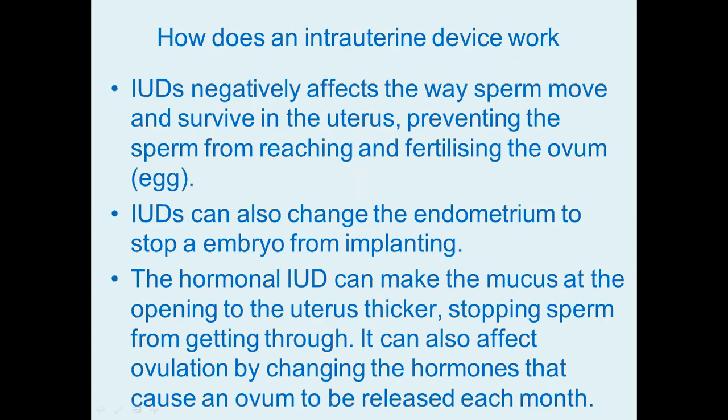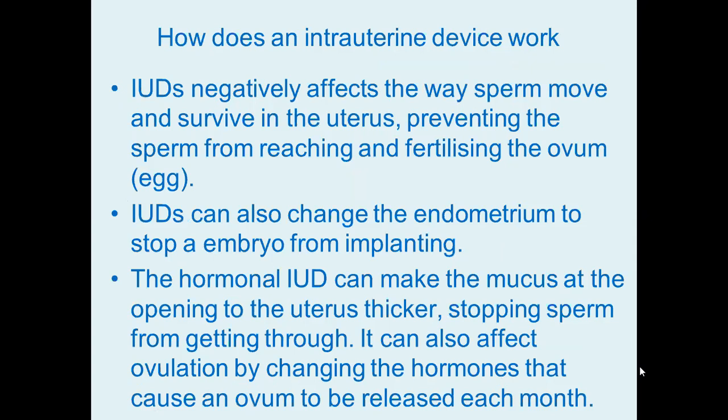Okay. So IUDs negatively affect the way that sperm move and survive in the uterus and prevent the sperm from reaching and fertilizing the ovum or egg cell. They can also change the endometrium and make it thinner and stop an embryo implanting.